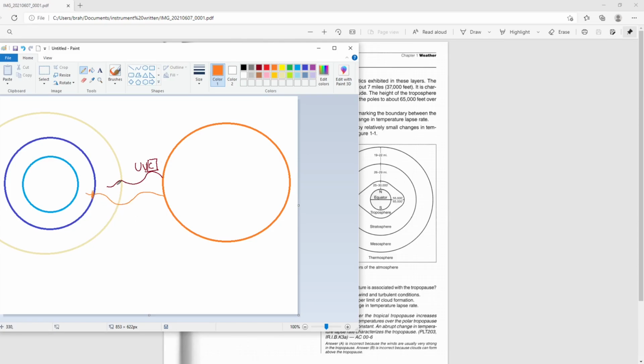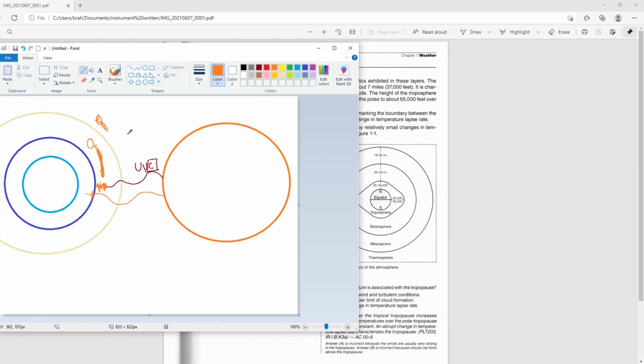The UVC rays get filtered out by the stratosphere. The stratosphere contains something called the ozone layer, which is O3. You can think of oxygen as O2, and the ozone layer is made up of O3.